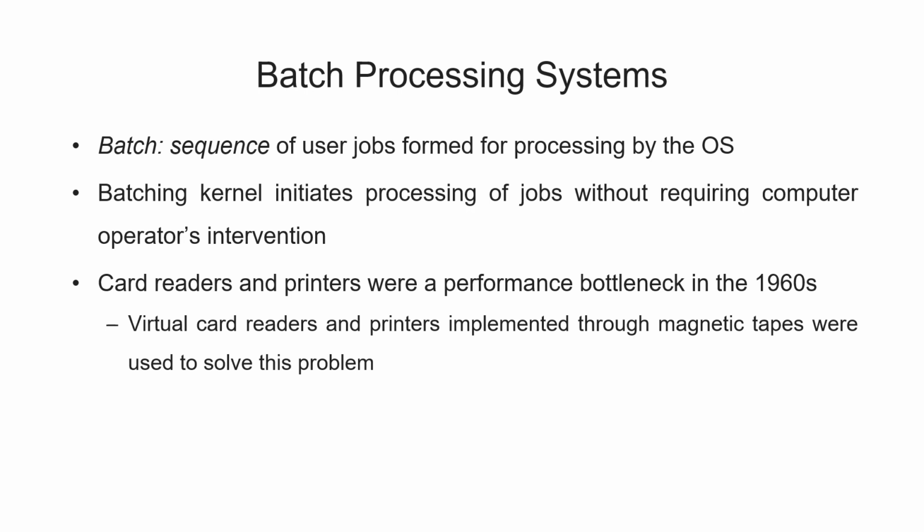First, the batch of jobs was recorded onto magnetic tape using a less powerful and cheaper computer. The batch processing system then processed these jobs from the tape, which was faster than processing the cards, and wrote the results onto another magnetic tape.